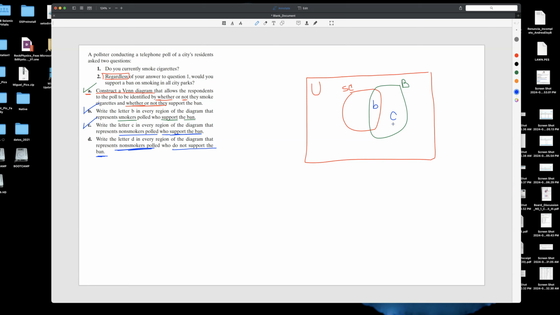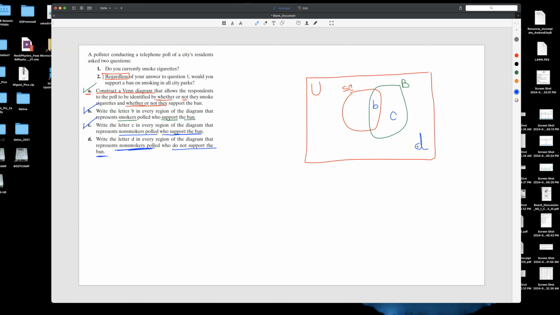So what is the option? They are going to be outside the two sets. Neither a smoker nor a supporter of the ban. They are in the complement of the union of the smoker and ban sets. So they are in this region.